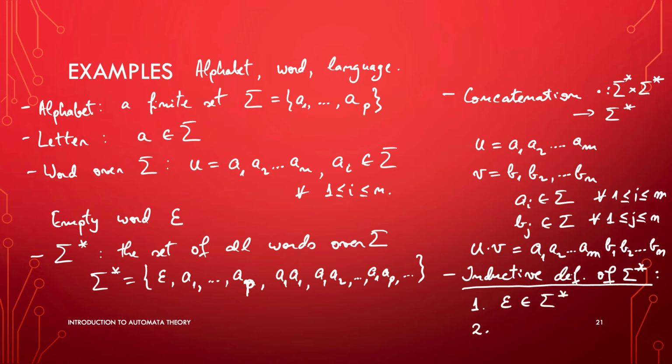The second condition is: if a is a letter and u is a word, then a u, or a concatenated with u, is also in sigma star. And finally, the third condition, as usual, is that sigma star is the smallest such set that satisfies conditions 1 and 2.